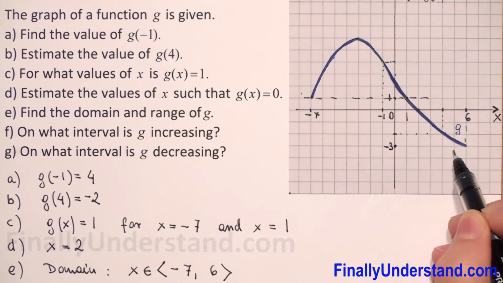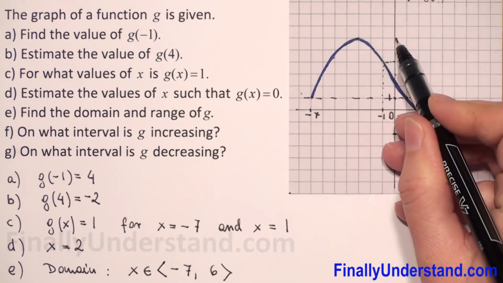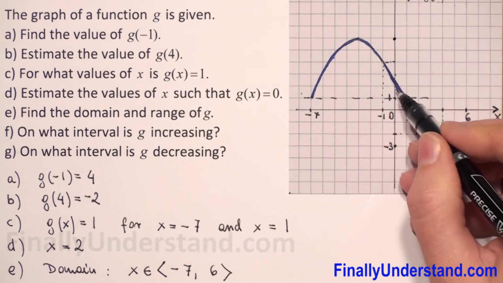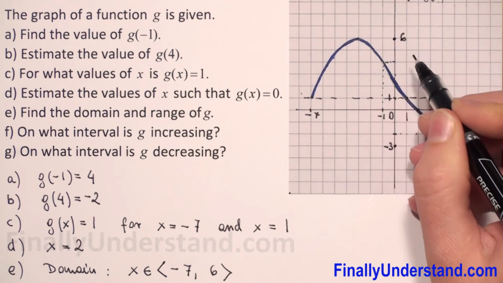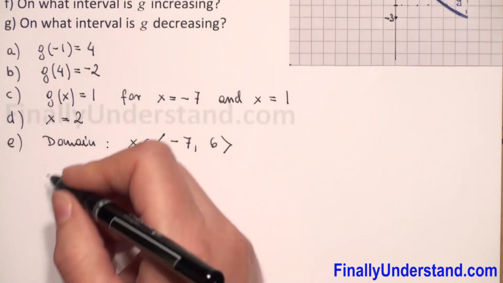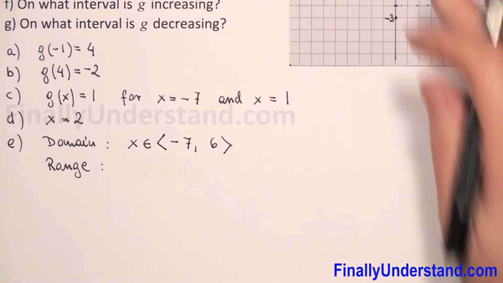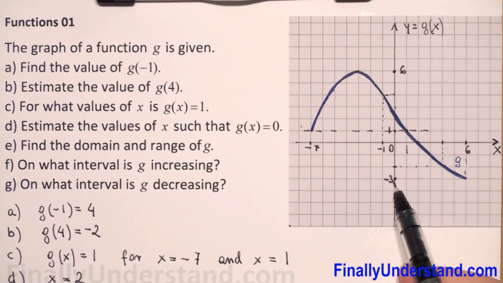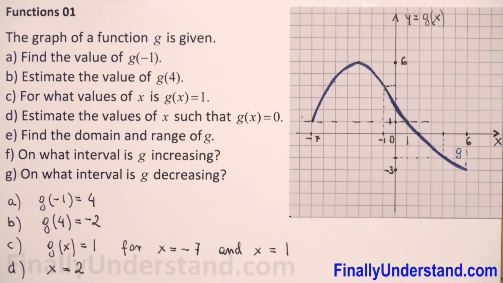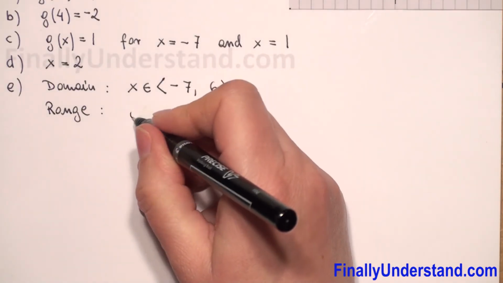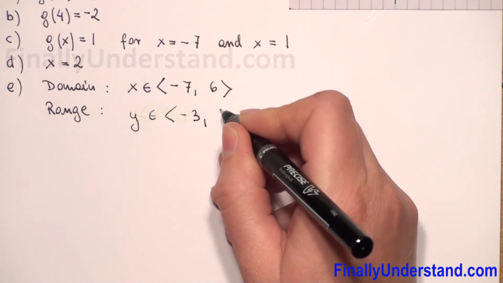From -3 our graph starts and is going to that point. So let's see, it's 1, 2, 3, 4, 5, 6. So our range will be, let's check one more time, from -3 to 6. It is an interval closed on both sides. So we can write y belongs to the interval from -3 to 6.